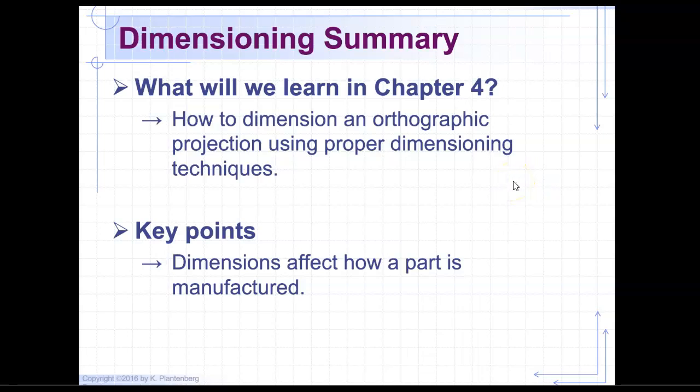I mentioned it before: for the machinist, for the technician, for the person actually manufacturing the part, if the print is drawn correctly, all the information they need to make that part is there and shown on the print. So you want to make sure you have a good understanding of this in the design process, and what that's going to transfer over when you send your part designs or manufacturing designs over to have them made.